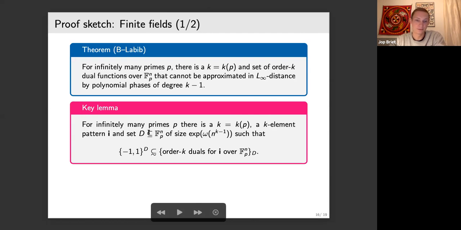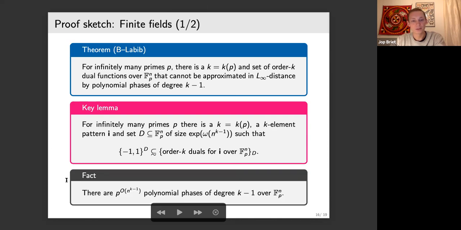So now you have some subset of F_p^n whose size is very large, 2 to the little omega of n to the k minus 1, such that the projection of order k dual functions of a certain pattern to this set contains essentially a full dimensional hypercube.